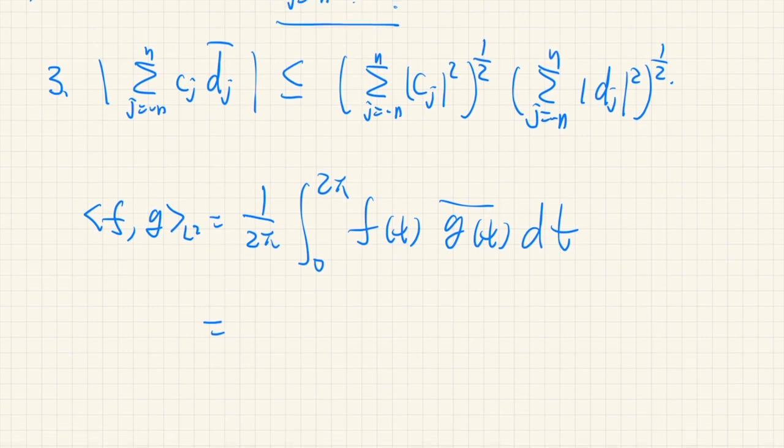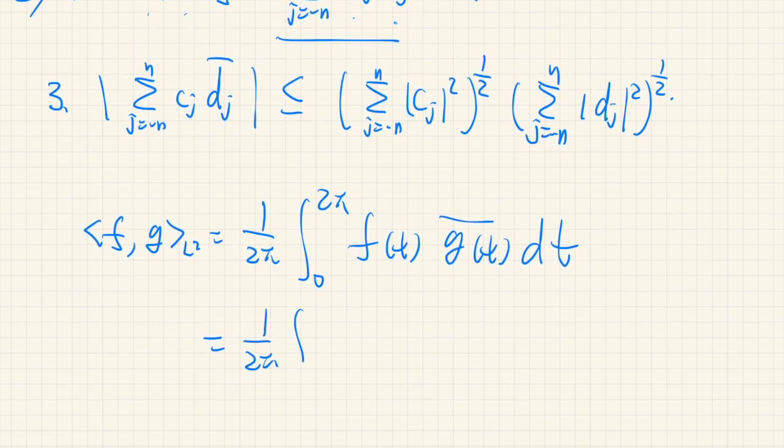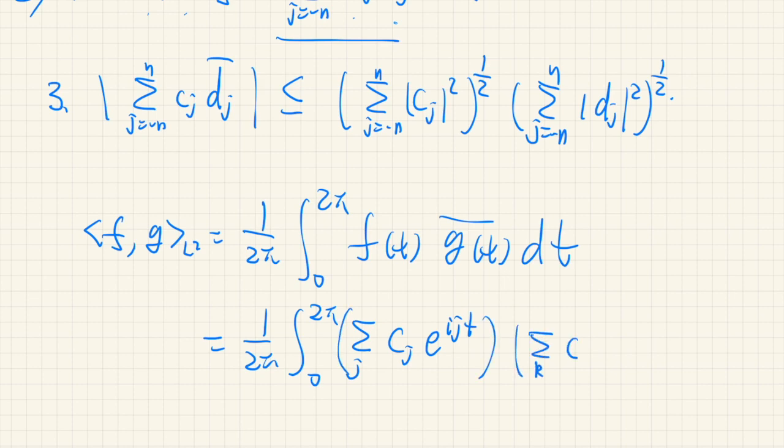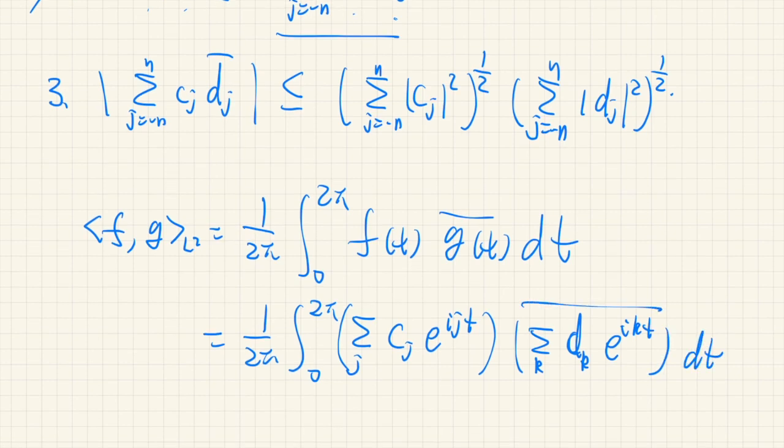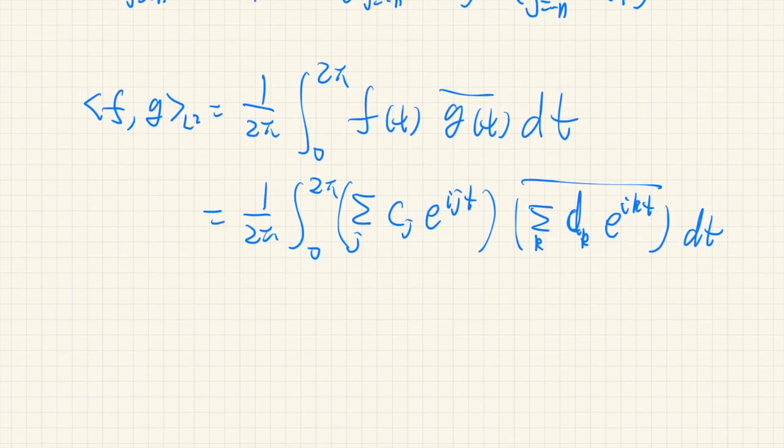So let's put them here: sum over j, Cj e to the i j t, times, let's put k here, Dk e to the i k t, bar here. Of course, this bar means complex conjugate, so we have a negative sign here and bar here.